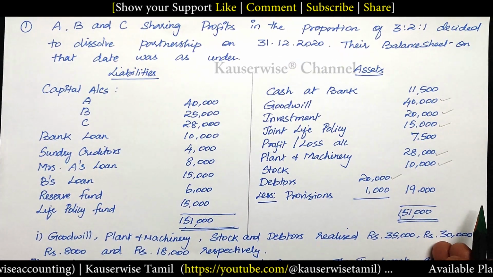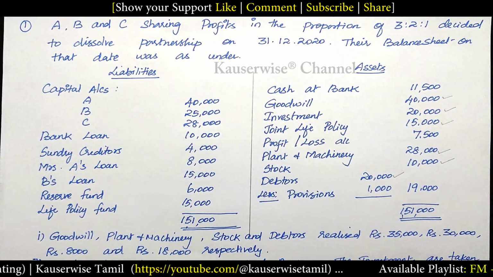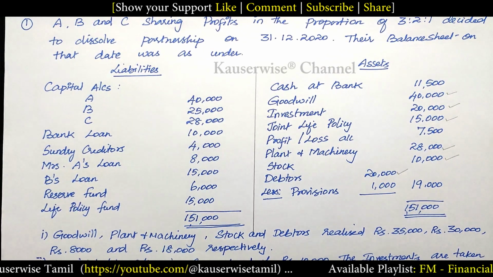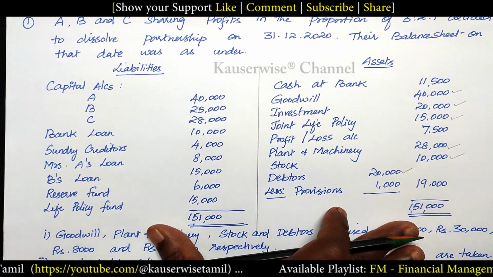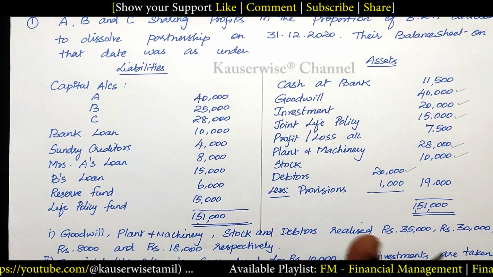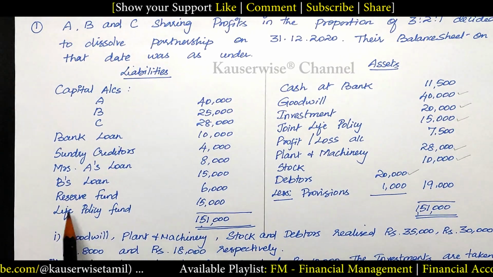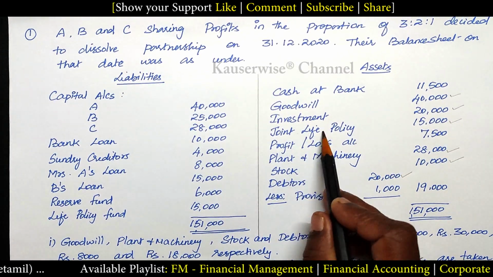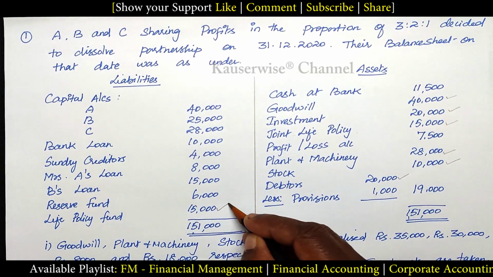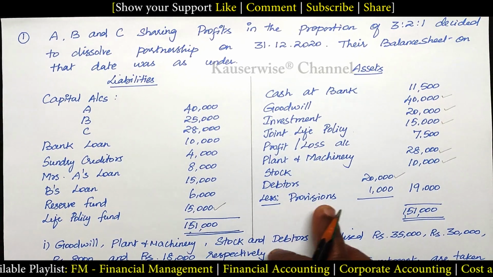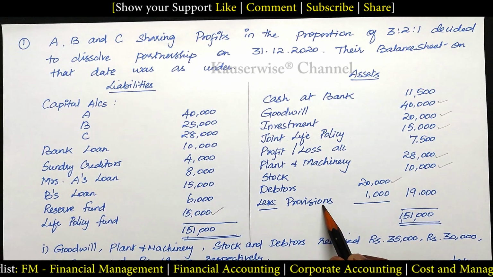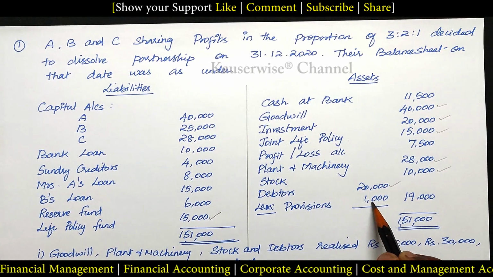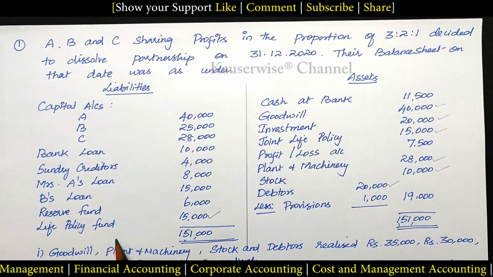The second step is we need to transfer all the provisions to realization account. According to this problem, we have two provisions. The first one, life policy fund. This is the provision we have kept for the joint life policy. And one more provision, which is given under the asset side, provision for debtors. Anything which decreases an asset is equal to a liability.